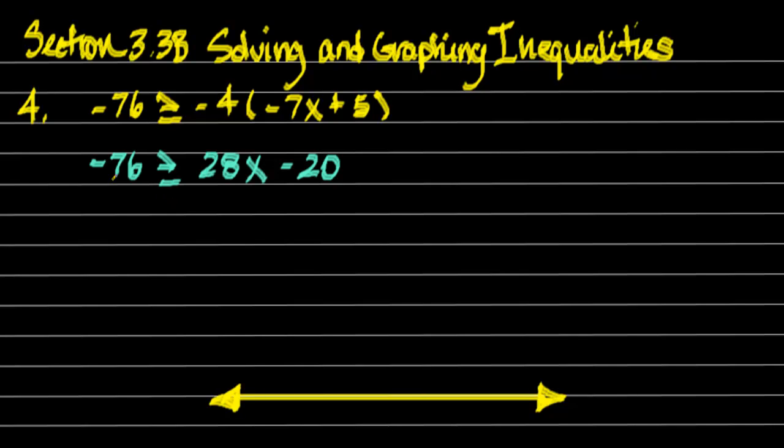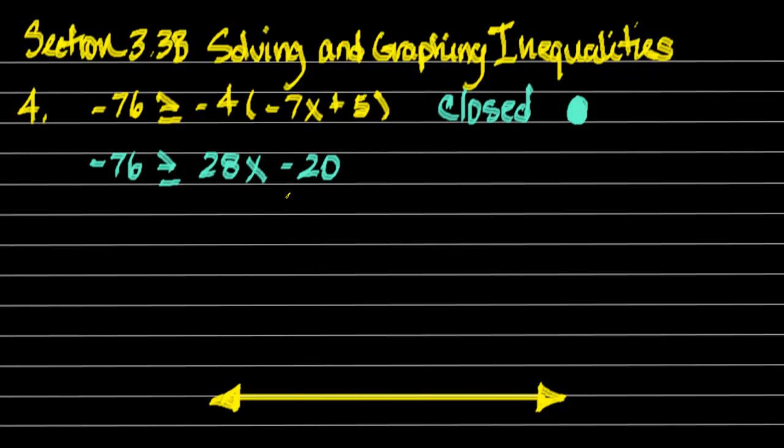It looks like my inequality is closed. So that means my circle is going to be solid. It's going to be colored in. Now let's go ahead and simplify this more. We see that we have a negative 20 constant term right here.